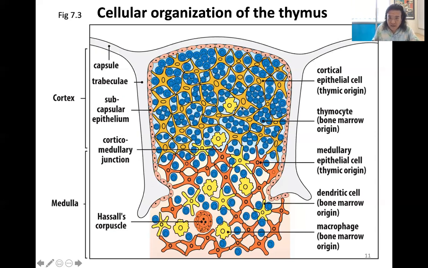So the VDJ recombination starts happening in this region within these blue lymphocytes that at this point we call thymocytes, because they were first identified as special cells inside the thymus. What are they? So they just named them thymocytes.